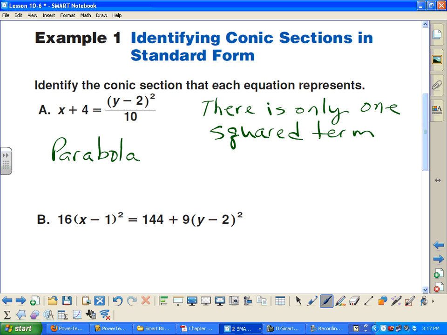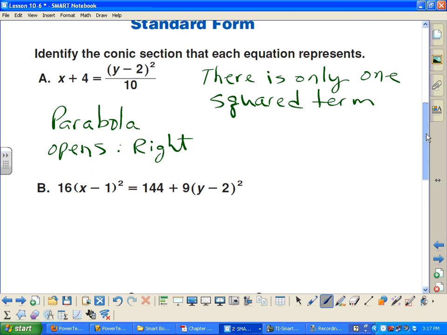And from what we learned in lesson 5, not only is this a parabola, but it opens to the right, because it's x equals y squared with a positive y.